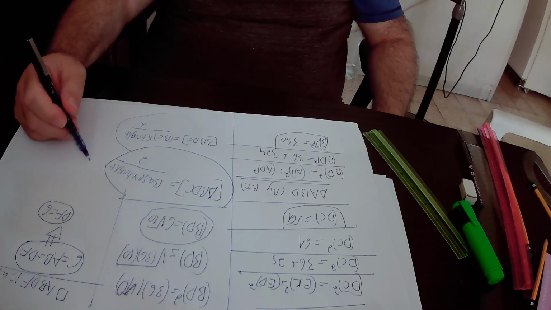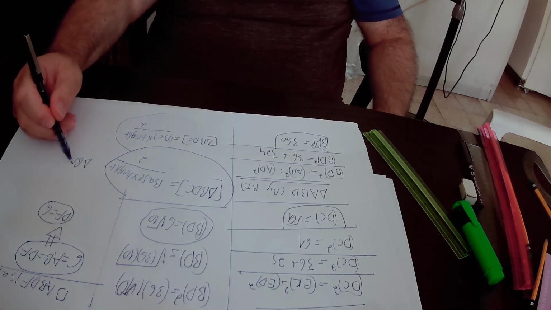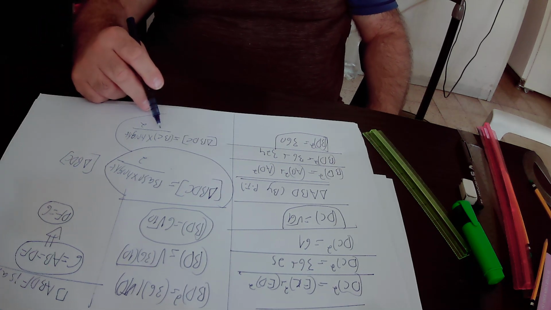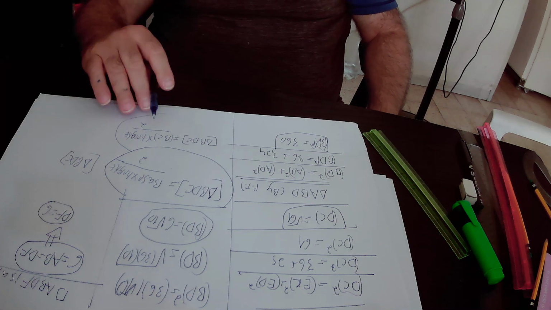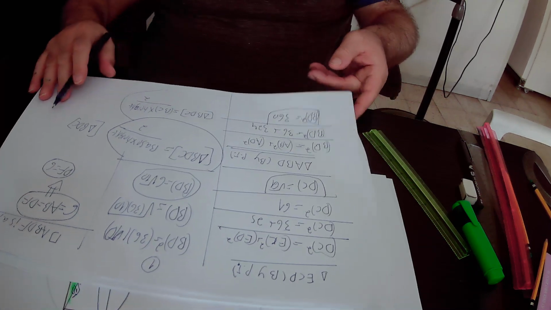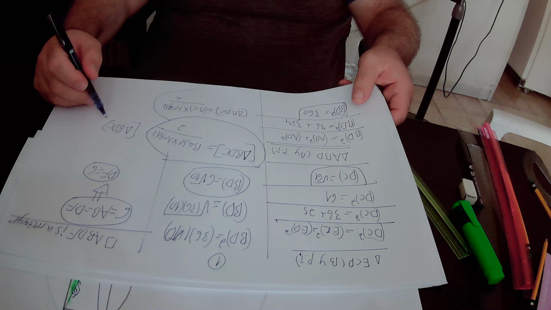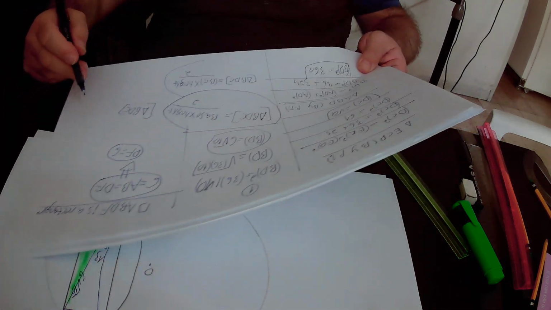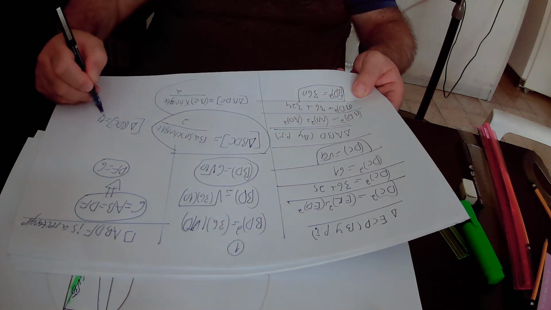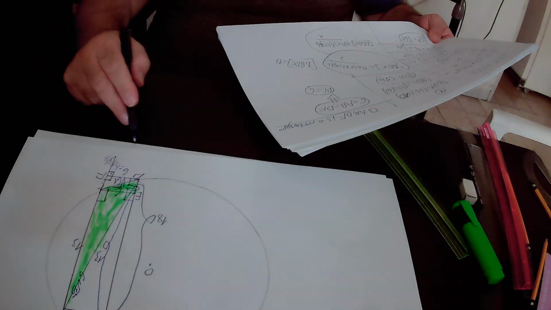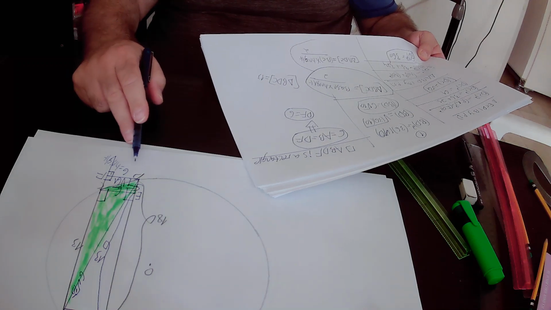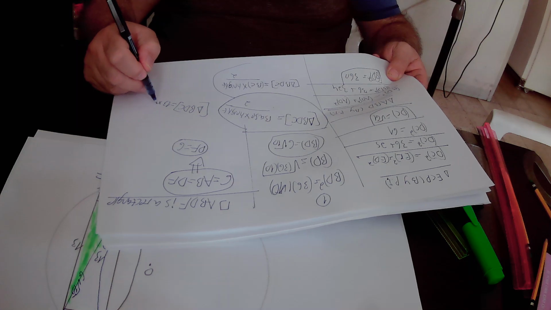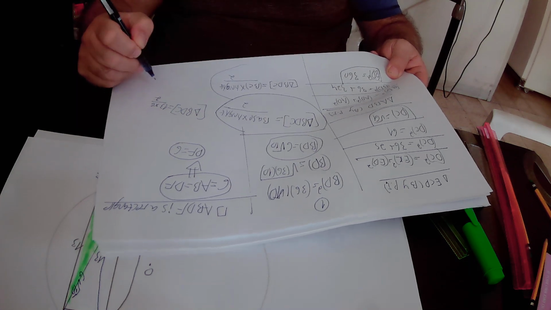So the area of the green triangle BDC equals the base of the triangle, that is BC. We know that BC equals 13 units, so it is 13 times the height to the base. We just found out that the height to the base is DF, that is equal to 6 units over 2.